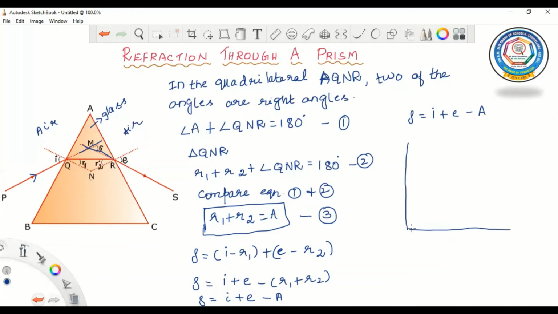We are going to plot the graph between the angle of incidence, that is I, and the angle of deviation.